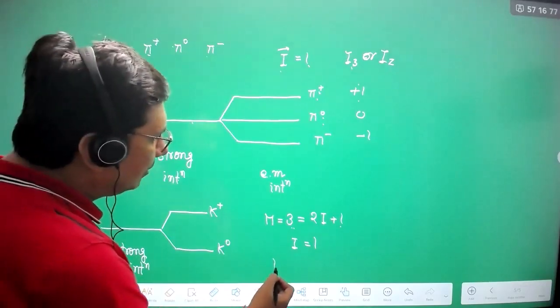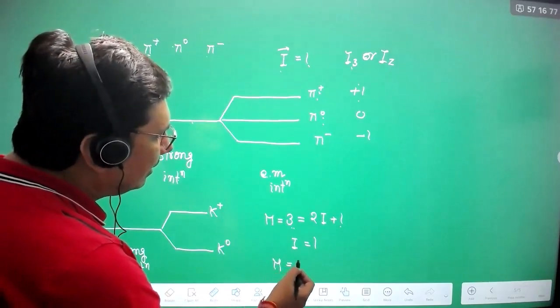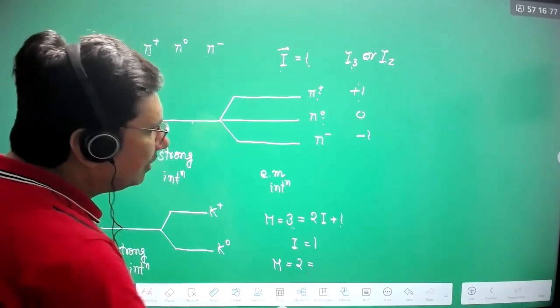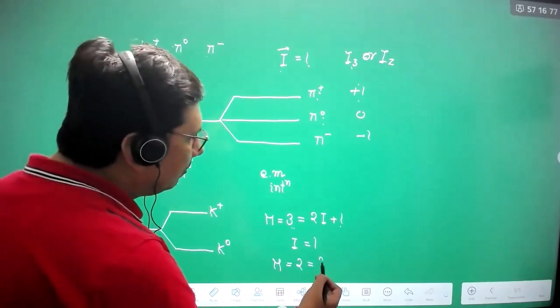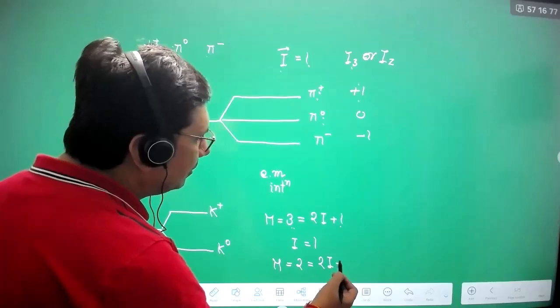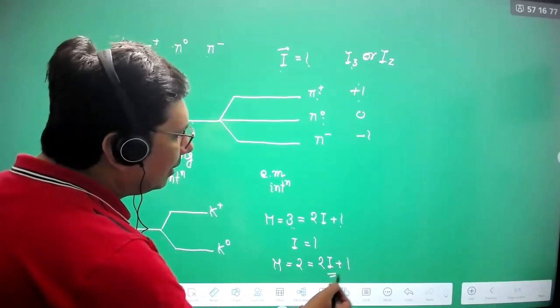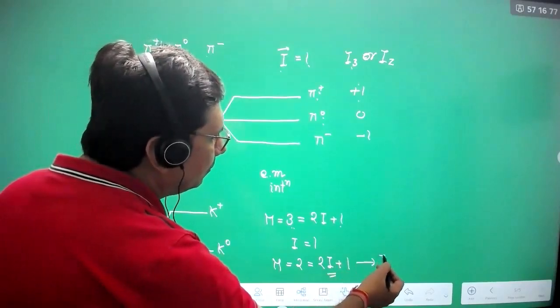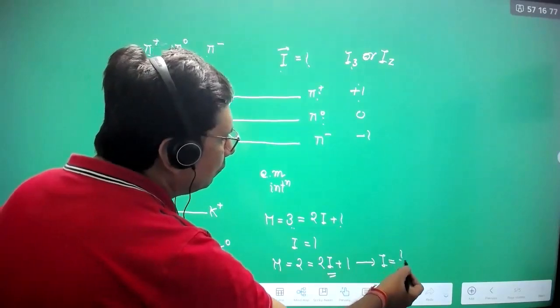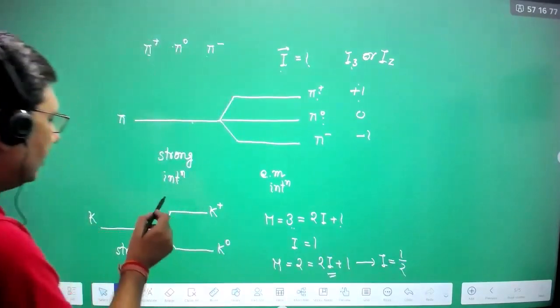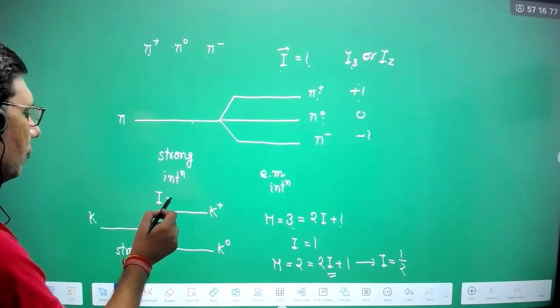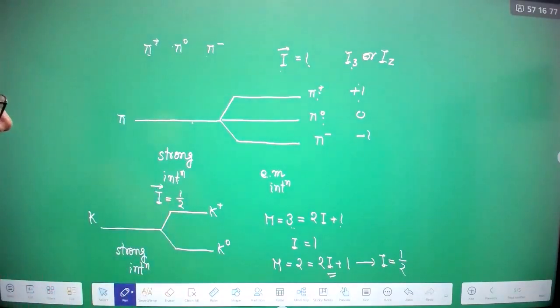So this time a single state is splitting into two, so multiplicity is 2, and this will be 2I plus 1. So what will be I? This time I will be 1 by 2. So isospin for this case will be 1 by 2.